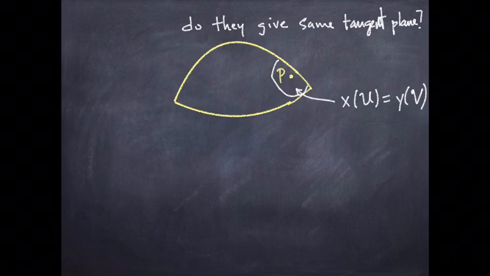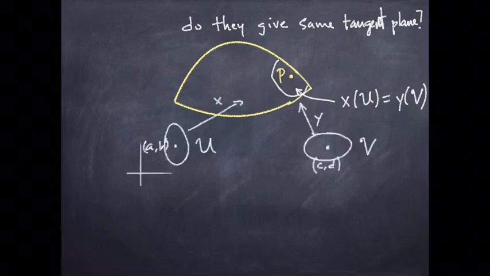The coordinates for that are going to be v1, v2. Okay, and let's assume that the image of that chart is this little coordinate patch around the point P, and that it's the same as the image of X. Okay, so we have this sort of a schematic.